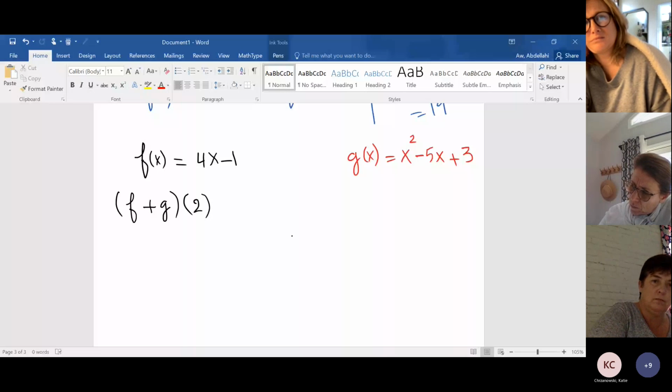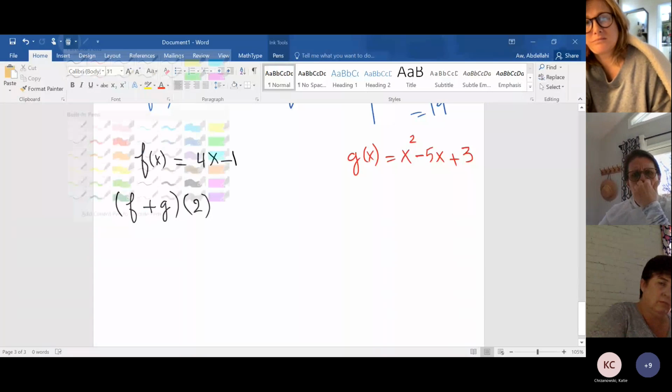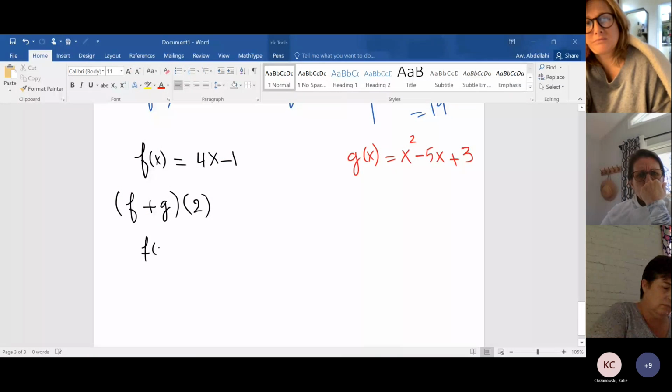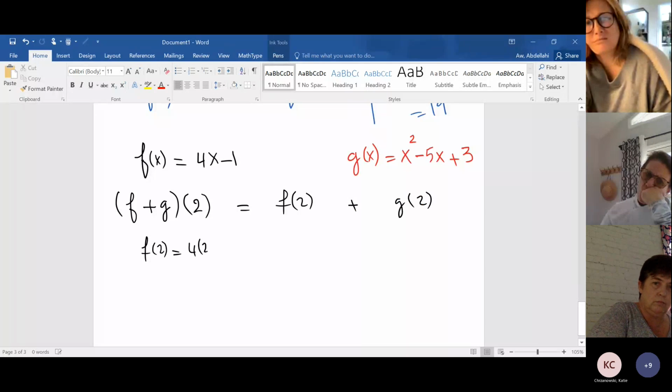You see, you do 2 actions. On one hand, you're going to do f of 2, which is 4 times 2 minus 1, which is 7.